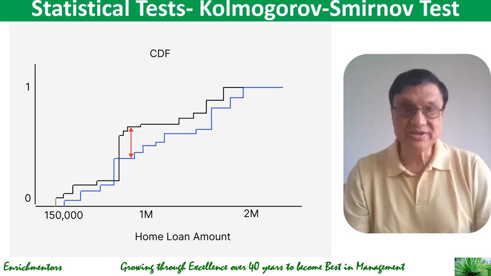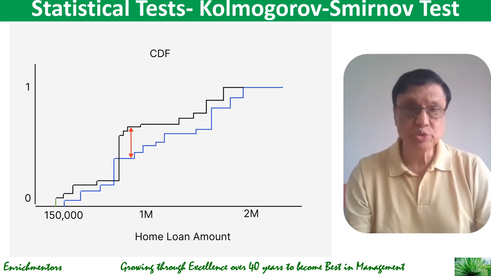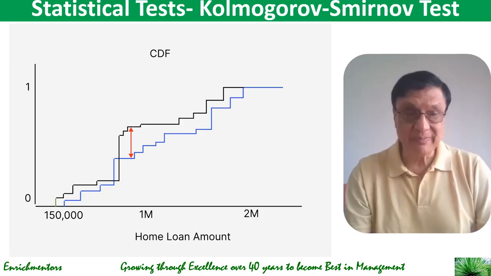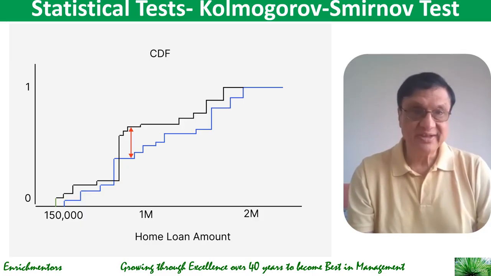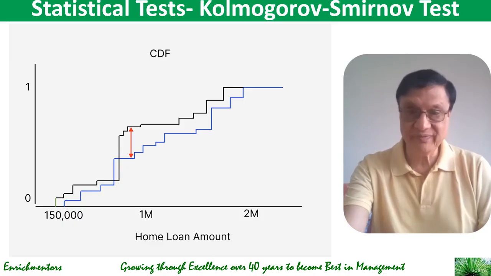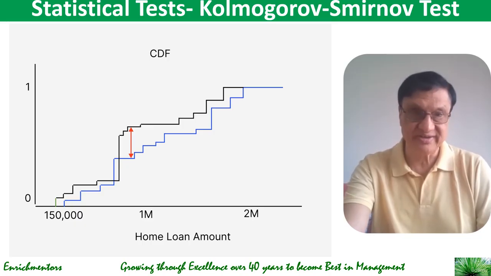This test compares the cumulative distribution function of two samples and computes a statistic that represents the maximum difference, represented here by the red arrow, between the two CDFs. A significant difference suggests a shifted data distribution. And for significance, you can use a very large number of significance tests like t-test, z-test, etc.